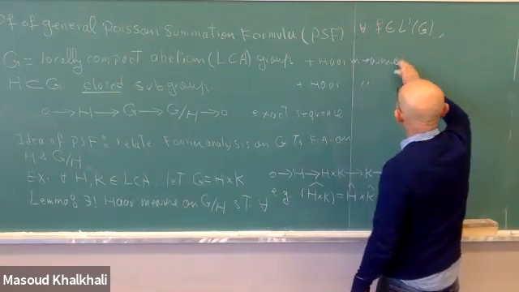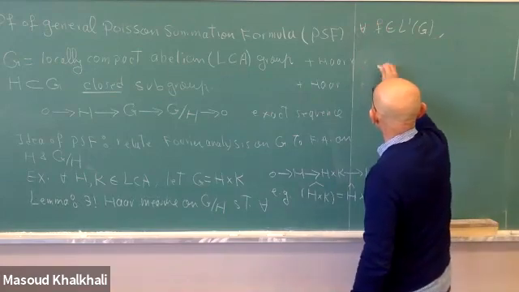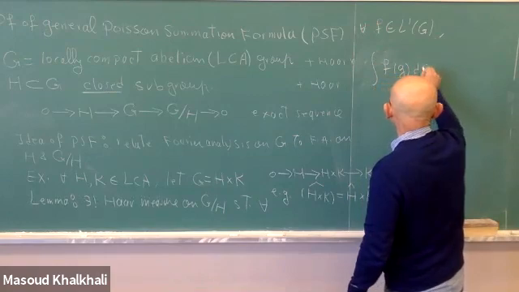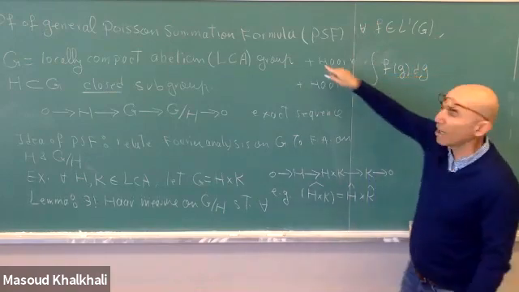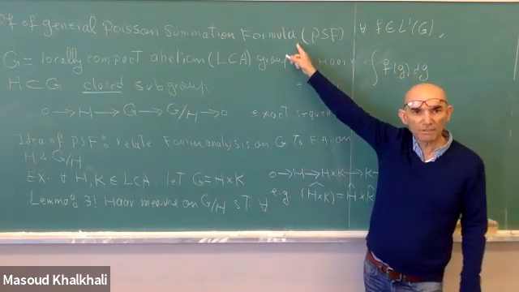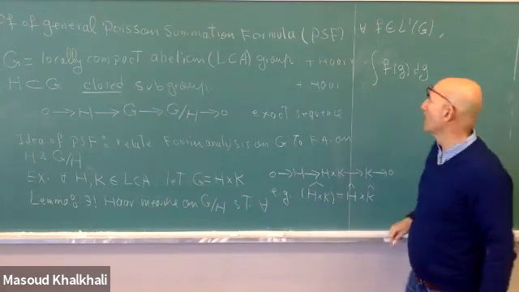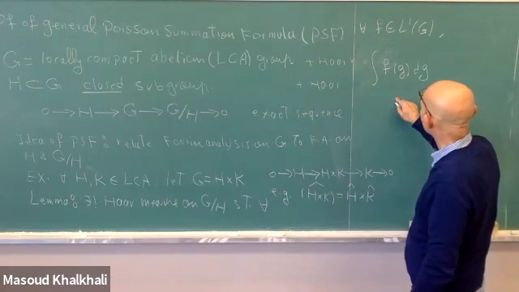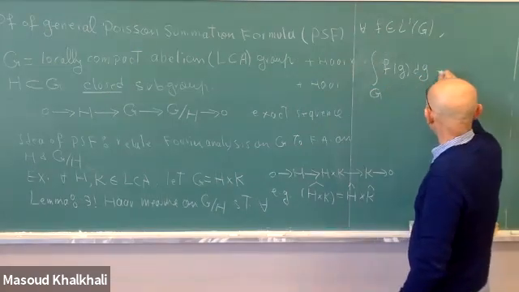you can write the following integral: f of g dg. This dg is the Haar measure that you started by fixing there, right? Over G, we can write it.